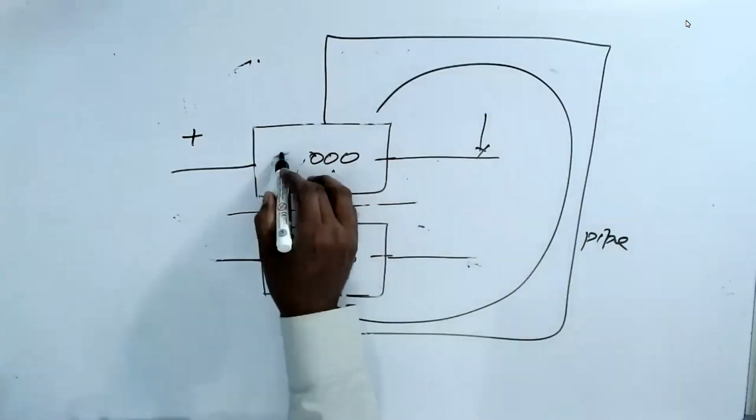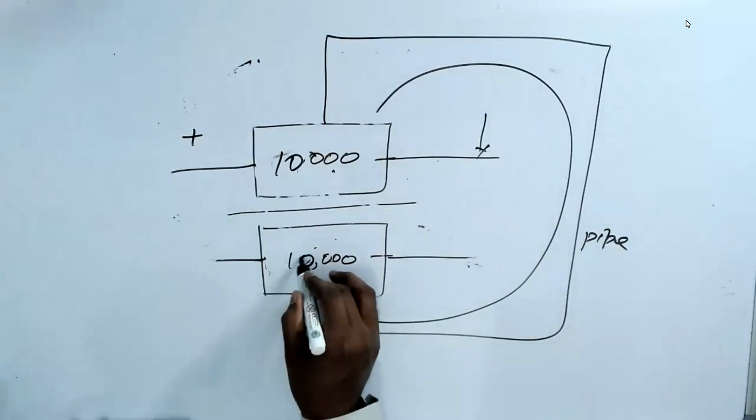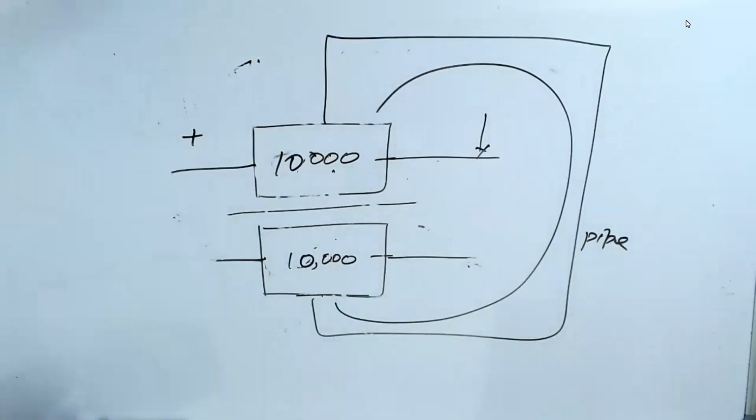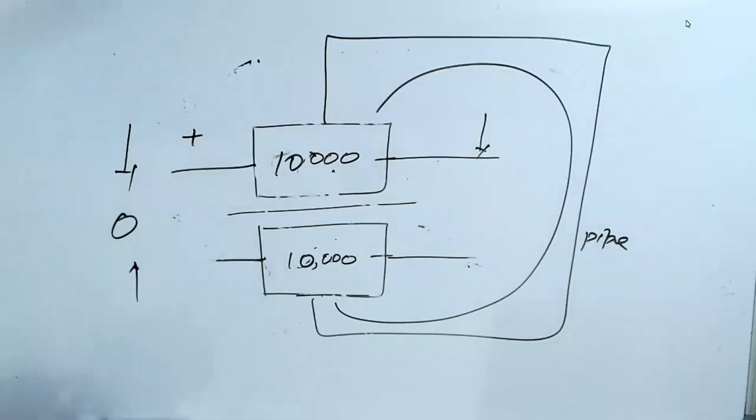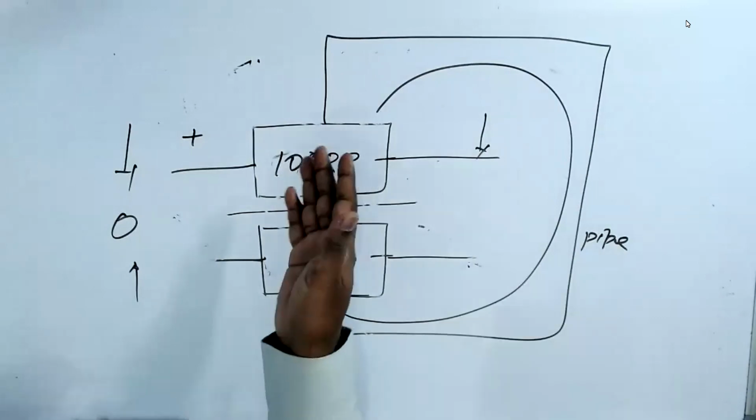This became 10,000, this became 10,000. Simple. So now the potential difference becomes 0. Am I right? The moment you connect, that becomes 0.